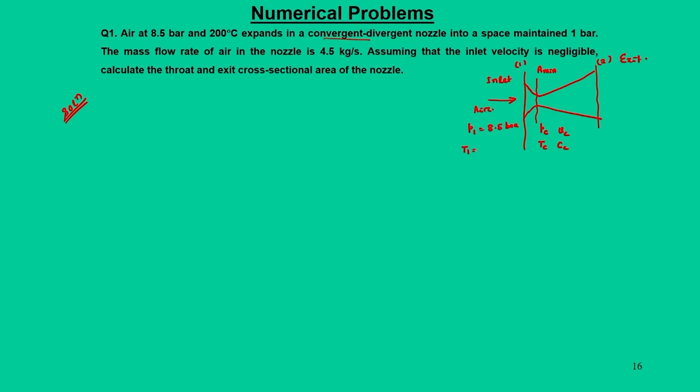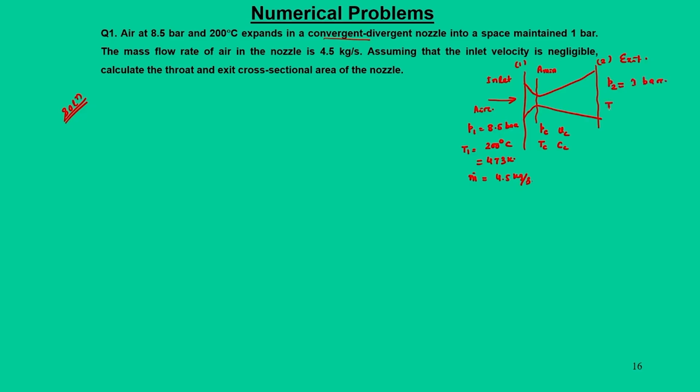T1 is equal to 200 degrees centigrade, that is equal to 473 Kelvin, and m dot is equal to 4.5 kg per second, and the exit conditions we do not know. The only one given is P2, which was 1 bar.